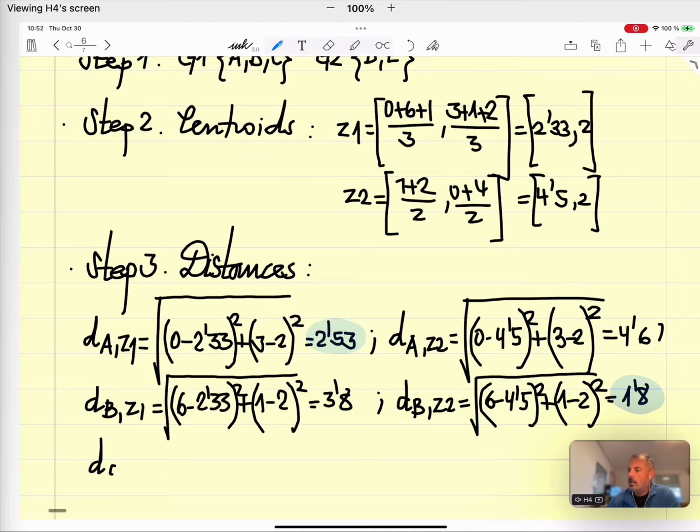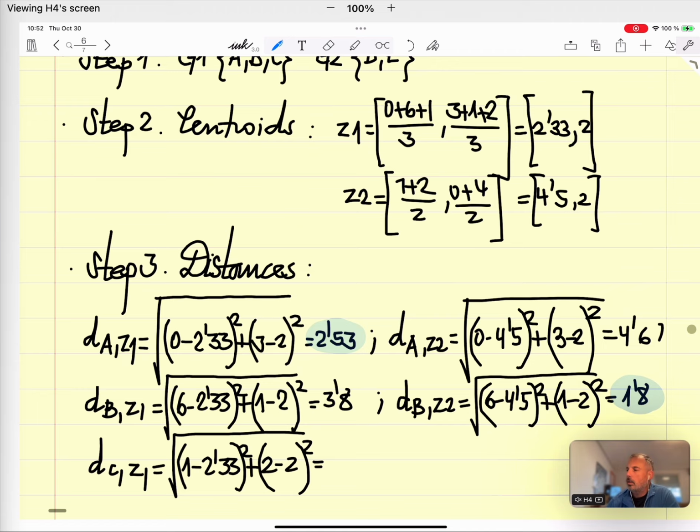The distance between C and Z1 is again 1 minus 2.33 squared plus 2 minus 2 squared. So this delivers 1.33, right?